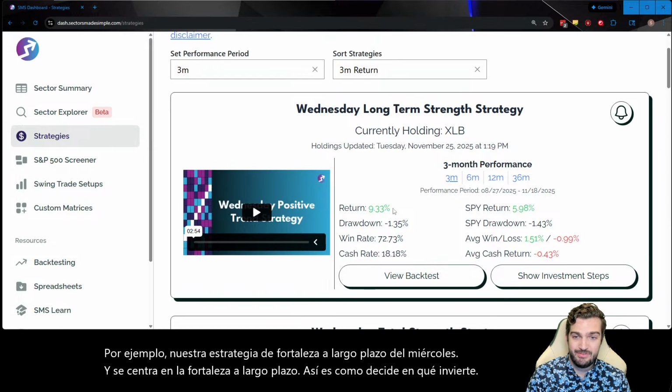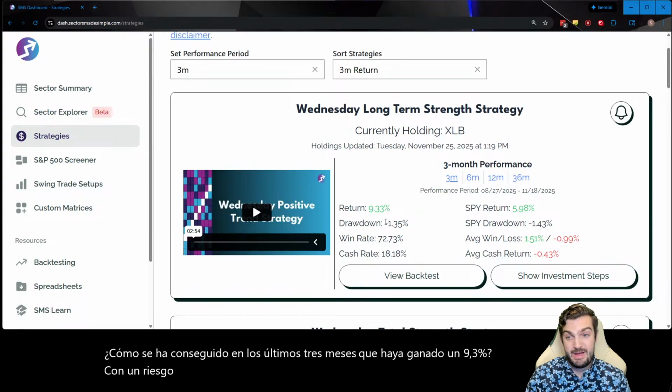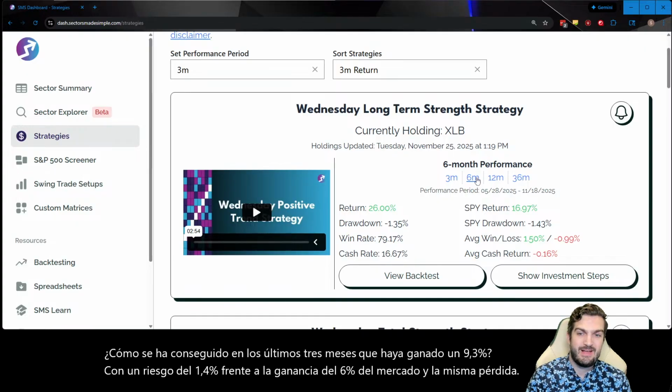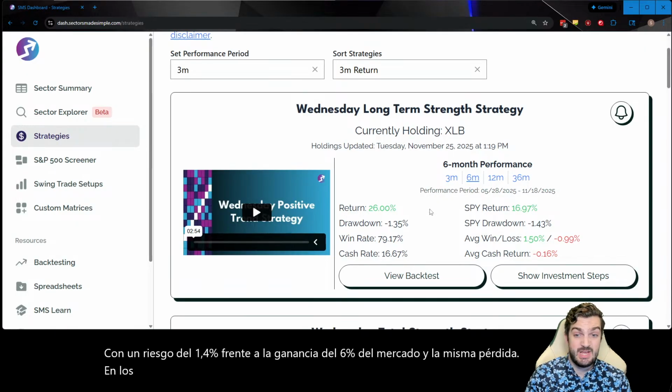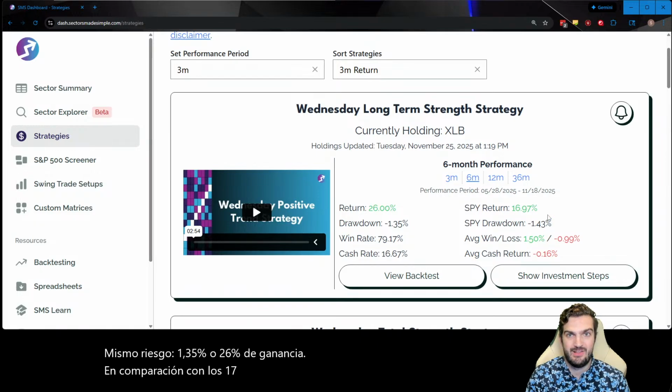Over the past 3 months, it's had a gain of 9.3% with a risk of 1.4% compared to the market's 6% gain and same loss. Over the past 6 months, same risk, 1.35%, for a 26% gain compared to the market's 17% gain with a 1.4% loss.